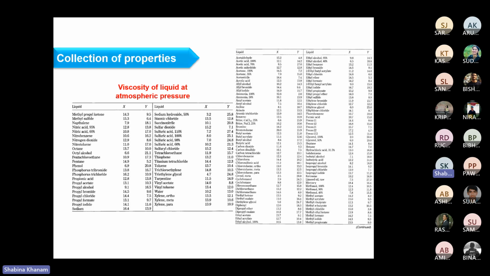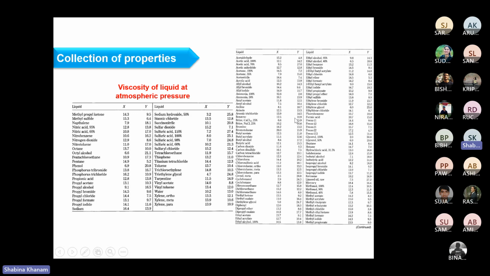Now when we are considering the viscosity for benzene, if you see this x y value we need to collect from this table. So it is like 12.5 and 10.9 for benzene.